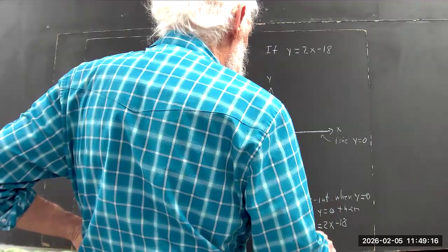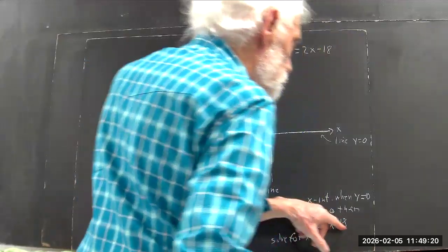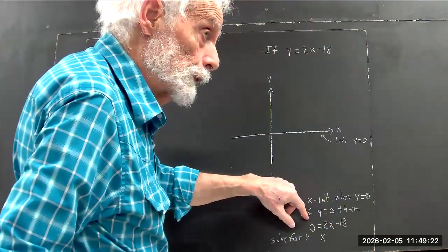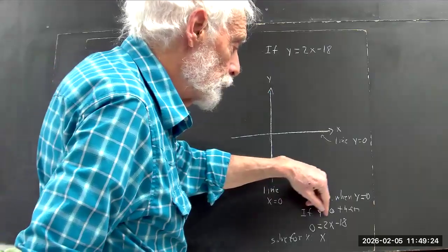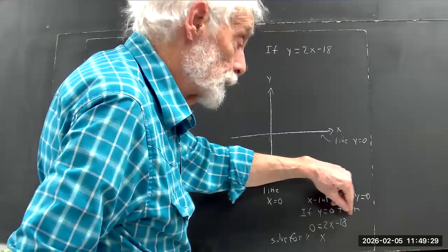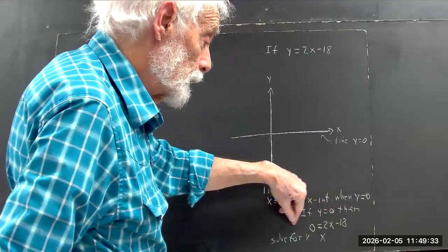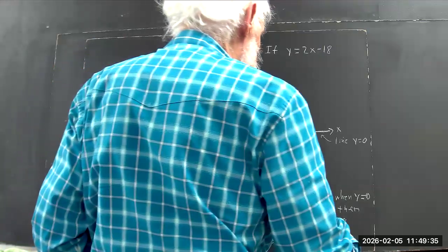Solving that for x, we get x equals what? Well, you add 18 to both sides. You've got 0 equals 2x minus 18. Add 18 to the right-hand side, the minus 18 and the 18 will give you 0. Add 18 to the left side, you're adding 18 to 0.